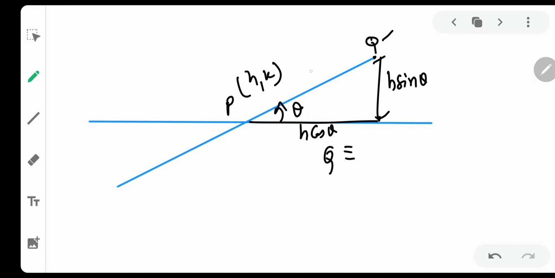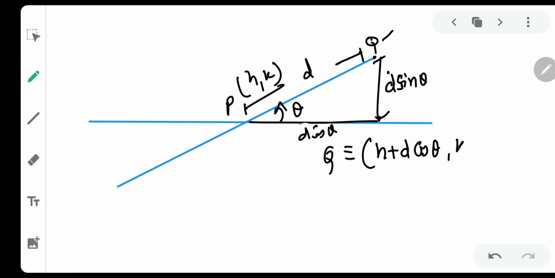This is not h, this is the distance d between P and Q. Okay, now the diagram is perfect. So this will be d cos theta and this will be d sin theta. I hope you understood this. So Q will be equal to (h plus d cos theta, k plus d sin theta), because over here it is going to the right and going up.